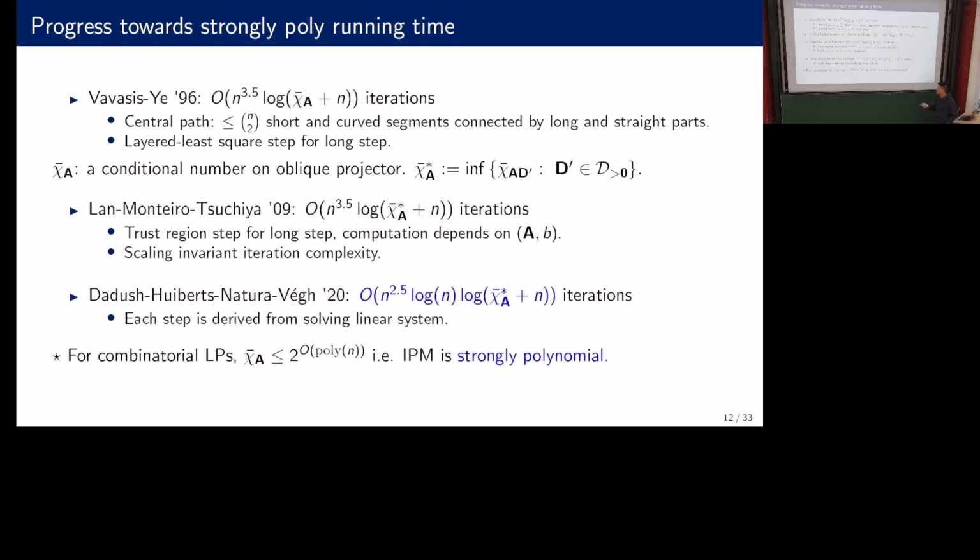Well, at least for combinatorial LP, this condition number is always upper bounded by 2 to the poly n. So plugging this bound into the iteration bounds of all these algorithms, basically these interior point methods are strongly polynomial in solving combinatorial problems, while also providing the current best weakly poly time for solving them.